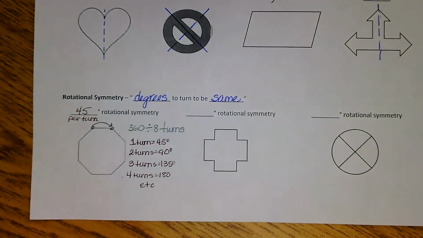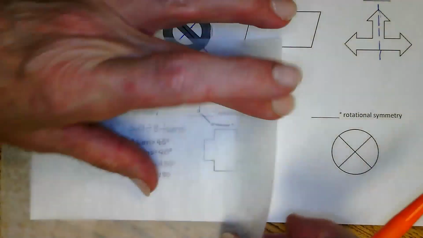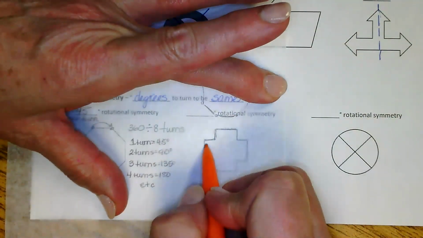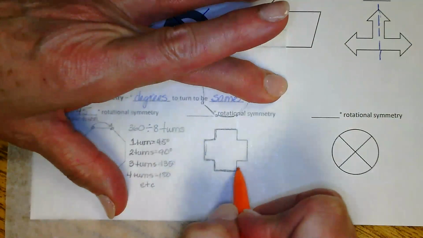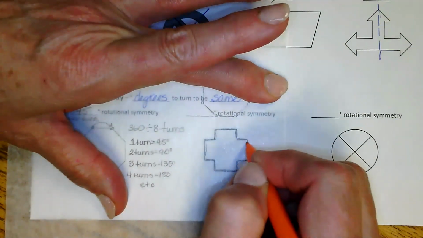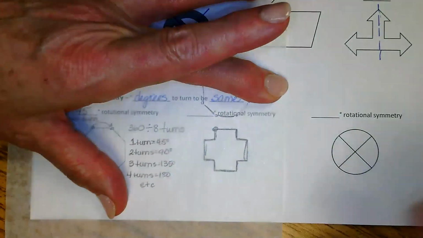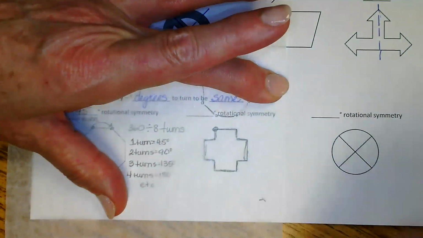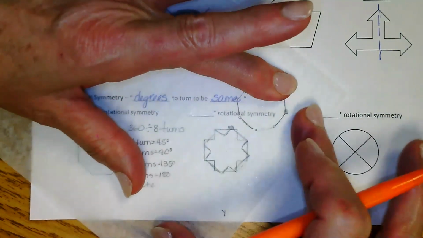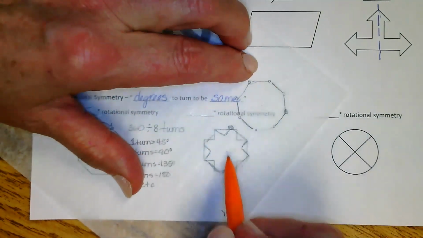Kind of looks like a big red cross symbol. Well, let's find out. My sketch is not perfect, but I think it will do. I'm going to just check with one corner. If I turn it to the other corner, whoa, that did not work.